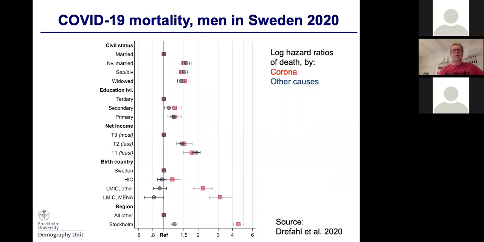And we can see for the first 3 variables, civil status, education, and income, the patterns are exactly the same for COVID-19 mortality and general mortality. So the non-married, never married, separated, widowed, have much higher mortality. There's an educational gradient and an income gradient in mortality, where you have a higher mortality among the less advantaged people.